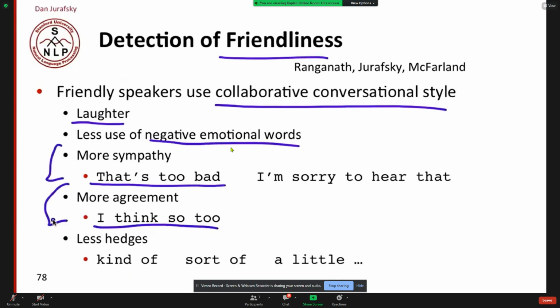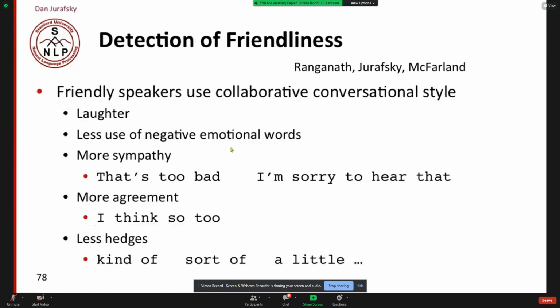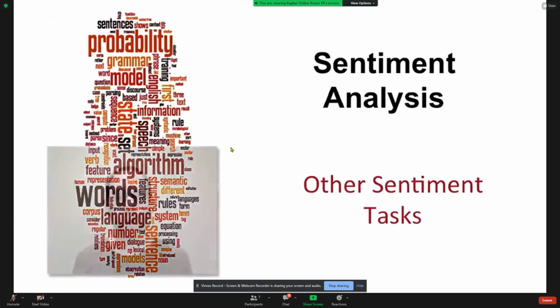The more friendly someone is, the more likely they are to use sympathetic words or agreement, and the less likely they are to use a hedge like kind of or sort of. We've shown that these classifiers help in detecting how friendly someone is or how flirtatious someone is in speed dates.